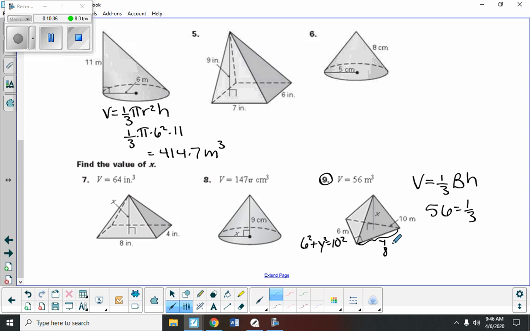All right, so the area of the triangle is going to be 6 times 8 divided by 2, which is 24. So I can put that in right here. And then the perpendicular height is x. So 56 equals, now you could multiply both sides by 3, but 1/3 of 24 is 8. So I'm just going to go ahead and multiply those right away, just to make it a little bit easier. So x equals 7.